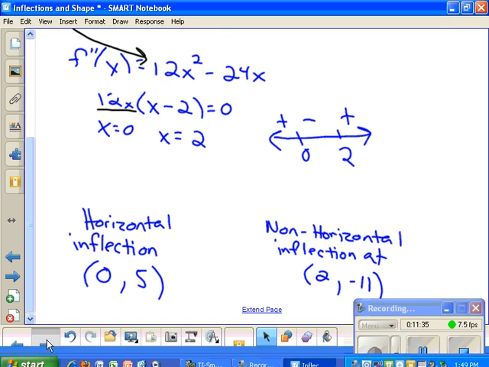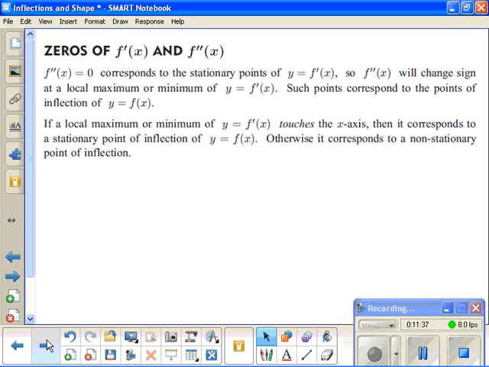Okay, and our sign diagrams go with that. Just a summary again, the zeros of the first derivative and the second derivative. If the second derivative equals 0, it corresponds to a stationary point of the first derivative. At that point, that tells us that it has a horizontal inflection. So the second derivative will change sign at a local minimum or maximum.